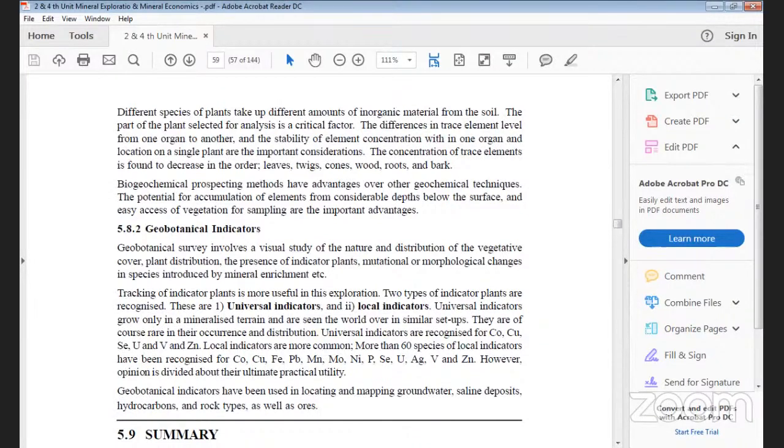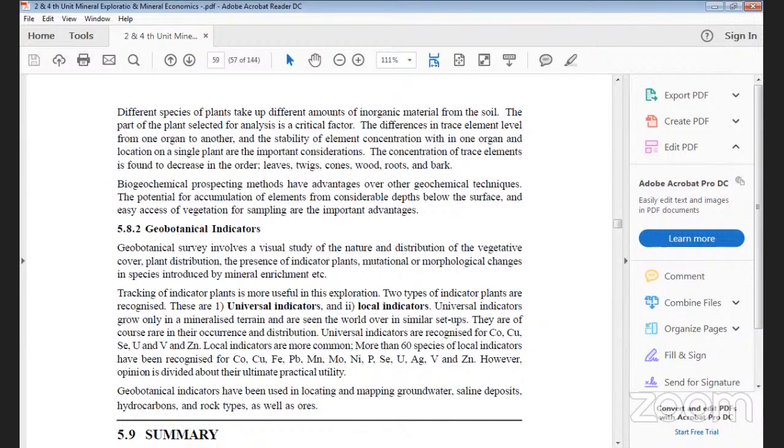Next one is the geobotanical indicators.